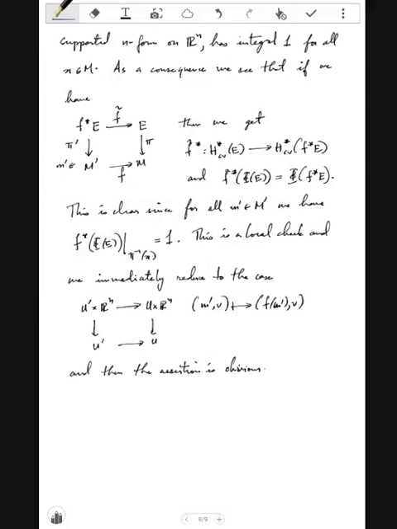And let's just see one application of this criterion before we end the lecture.